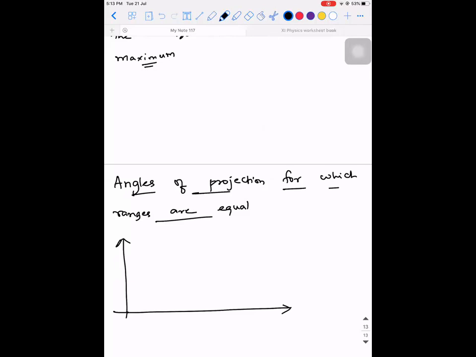If you project a particle, let's say with speed u at an angle theta, and it hits the horizontal distance at a value r from the origin.